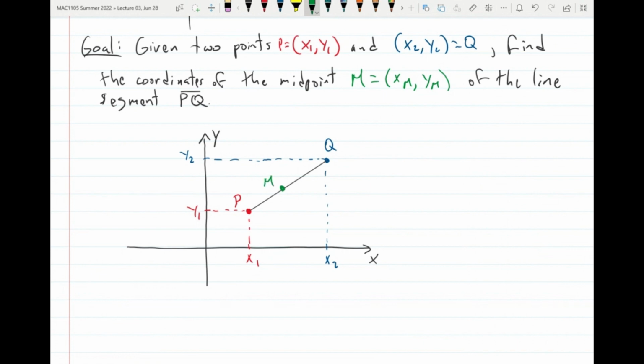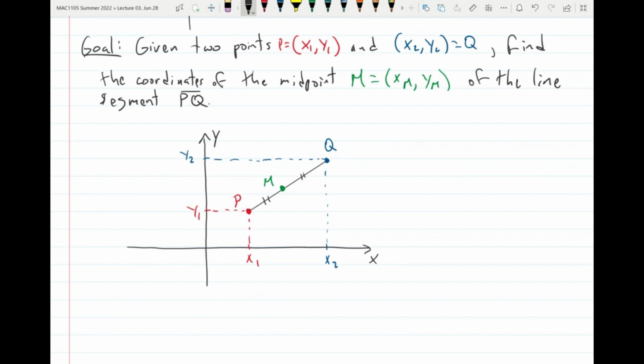Here is where M should be, more or less. So we want to figure out the coordinates of this. What do we know about M? Because it's the midpoint, what we know for sure is that this side equals this side. That's what it means to be a midpoint. It splits this line segment in half.